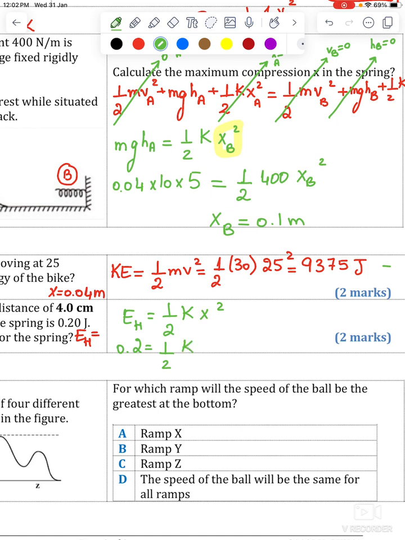Half k is unknown, so 0.04 squared. When I put it in the calculator, I will have k equals 250, and the unit is Newton per meter.